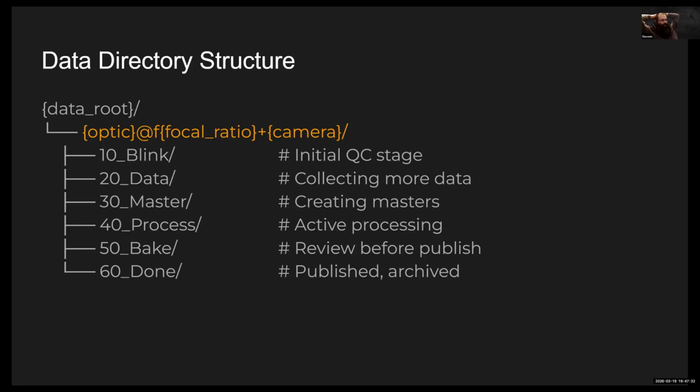I guess I should call it lights, but it's data in my head. So I have a root directory, and then under that, I decided a long time ago to use the name of the telescope or lens or whatever, the optics, include the focal length, or sorry, the focal ratio, and then the camera.